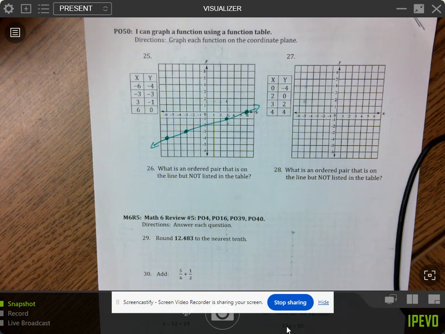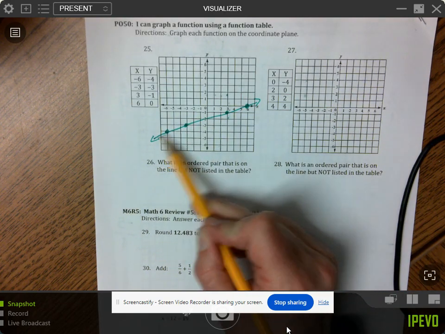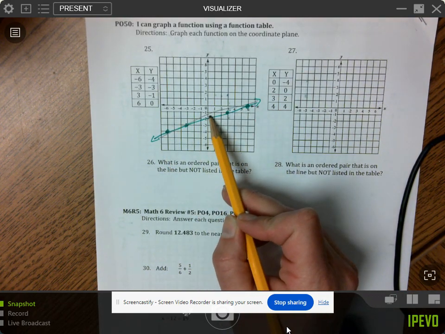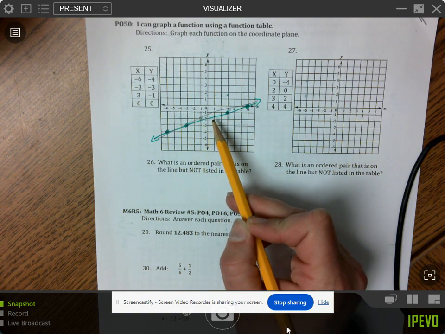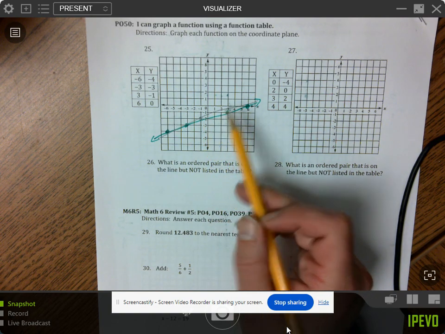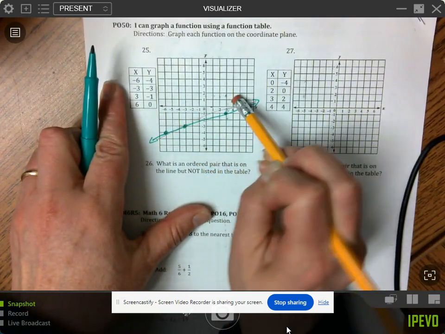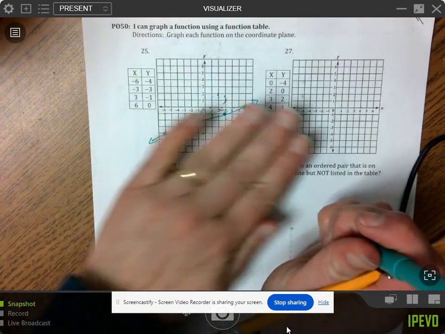I can't just eyeball it because I might have drawn my line a little sloppy. So if I drew my line really fast and I went like that, I might go, oh, well, I think this point is on the line, but it's not. You can't just eyeball it. You have to use your slope.